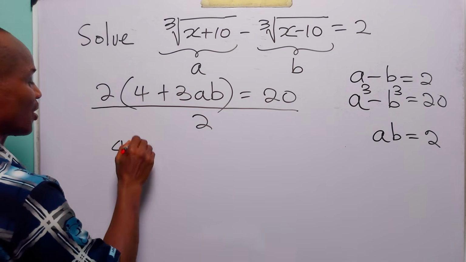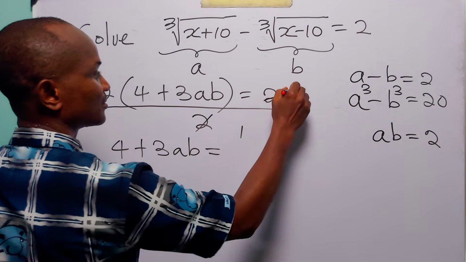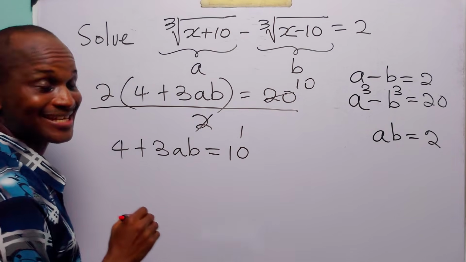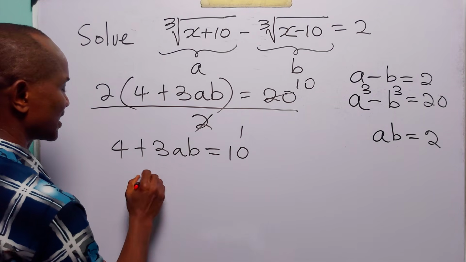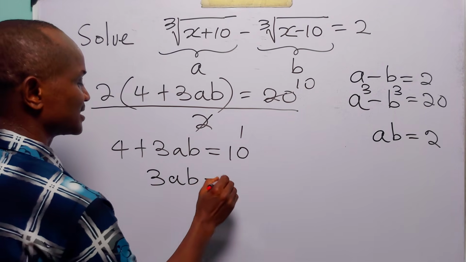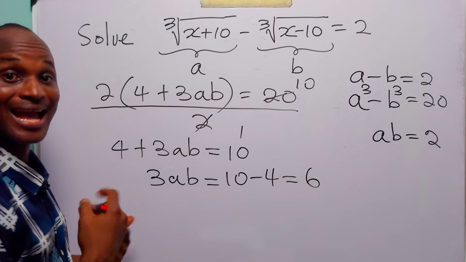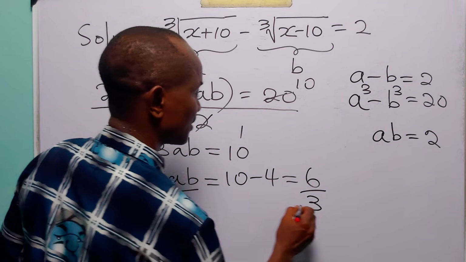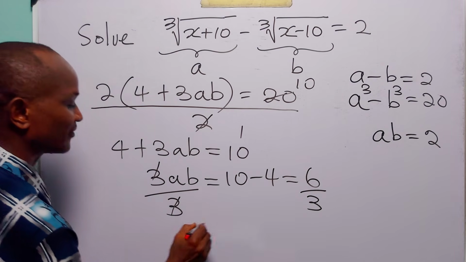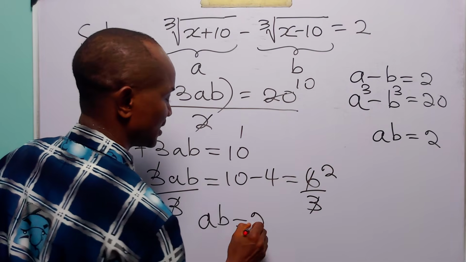We have that 4 plus 3ab is equal to 10. Subtracting 4 from both sides of the equation, we have that 3ab is equal to 10 minus 4, which is 6. And finally, dividing both sides of this equation by 3, we have that ab is equal to 2.